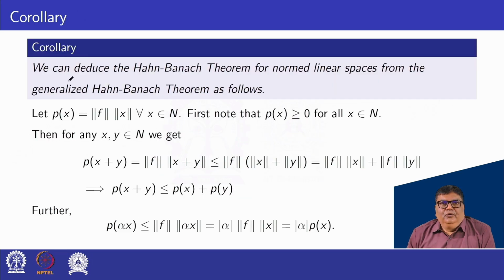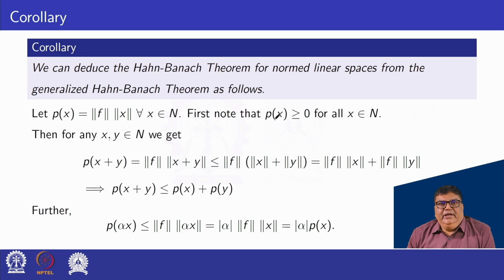Corollary. We can deduce the Hahn-Banach theorem for normed linear space from the generalized Hahn-Banach theorem as follows. Let p(x) = ||f|| ||x|| for all x belonging to N, where N is a normed linear space.